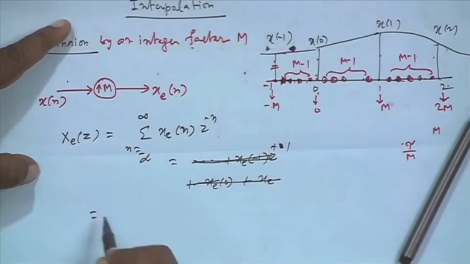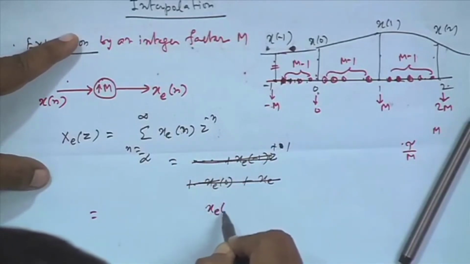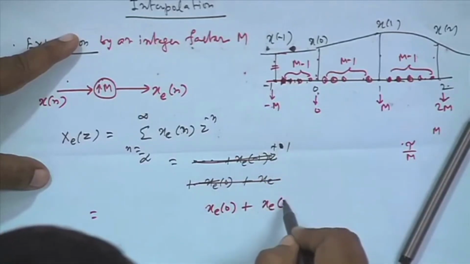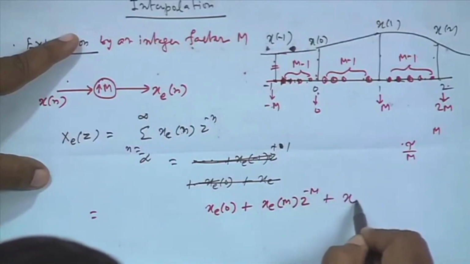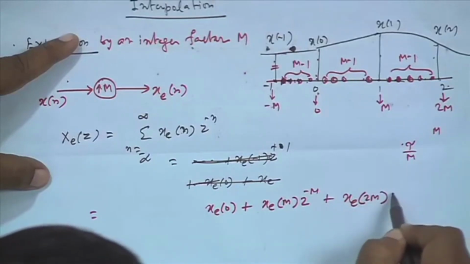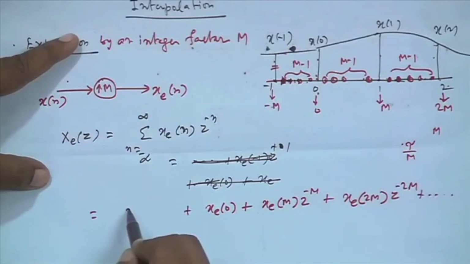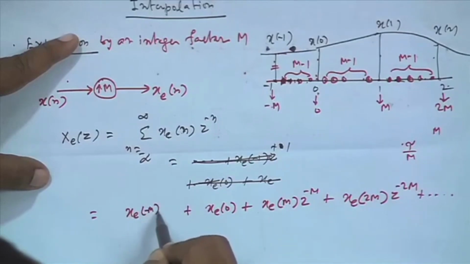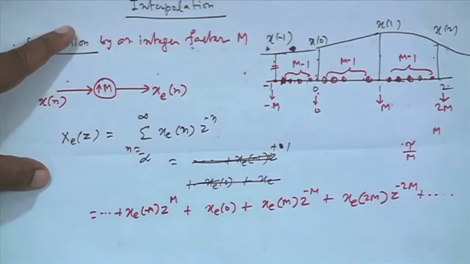So this summation is x_e[0] as it is, then x_e[m] z to the power minus m, x_e[2m], and on this side similarly.